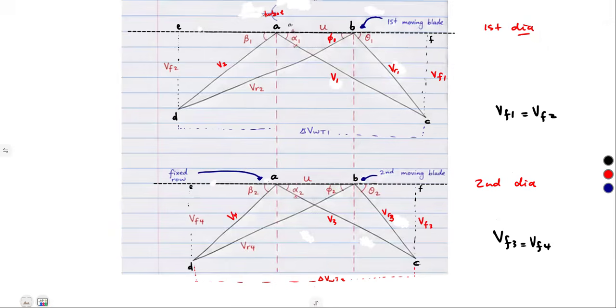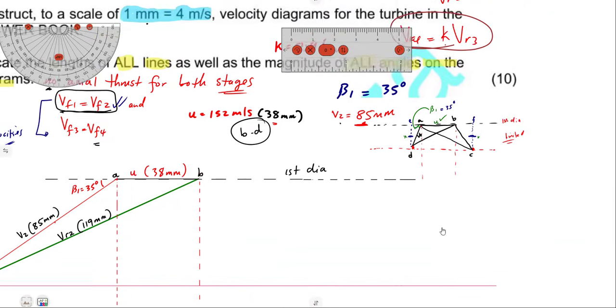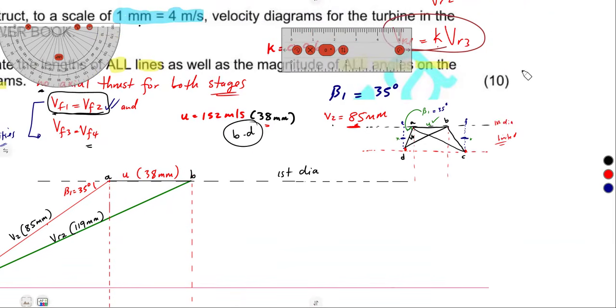BC represents VR1, from B to C. We have VR2, so find that VR1 and you're done. You simply need to obtain BC from VR1, so find VR1 from VR2.